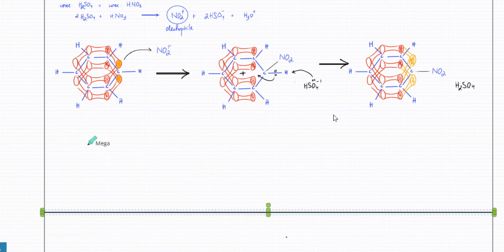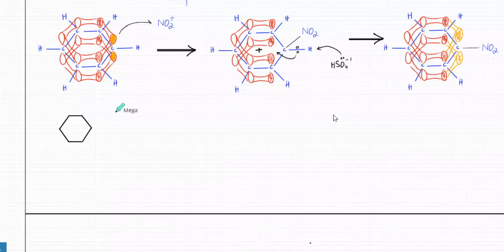The simplistic mechanism would be that you'll have a benzene. You'll just draw the skeletal formula. Obviously, you're not going to draw the whole 3-dimensional thing. And the NO2 plus is going to come in.